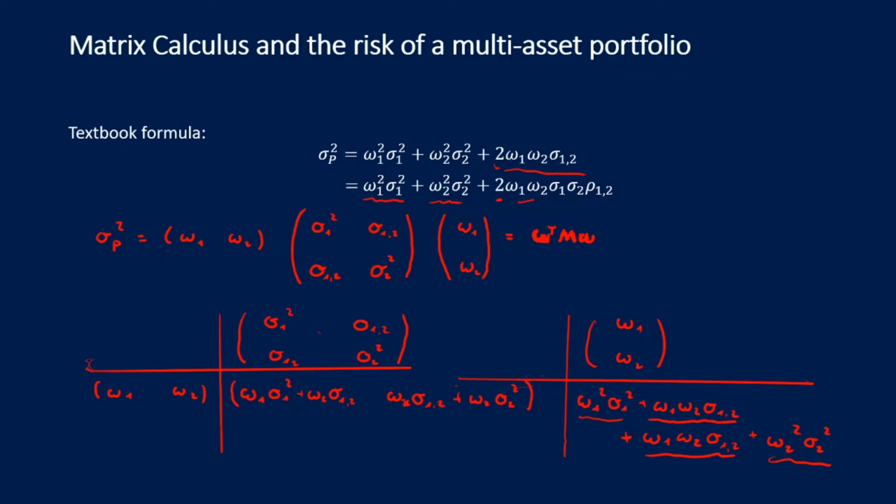Can we now expand this idea to more than 2 assets? Of course, we just need to enlarge our weights and our matrix, that's all.